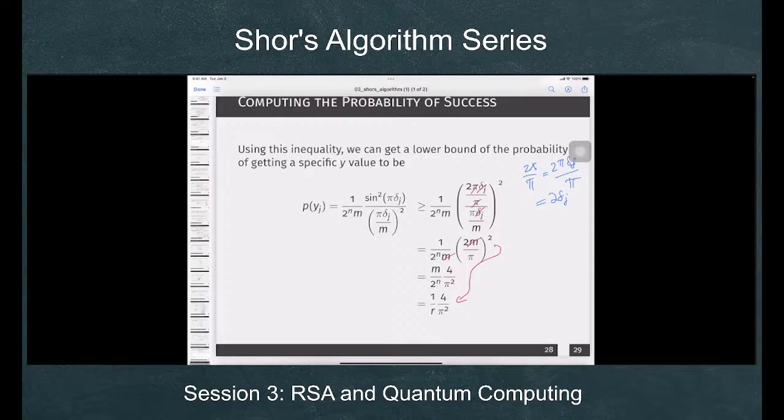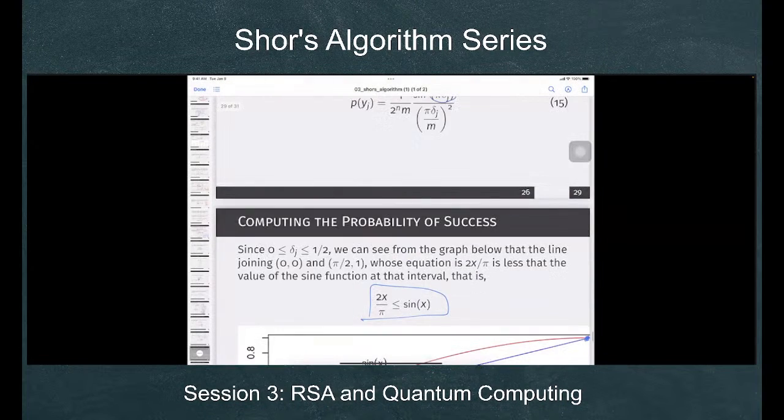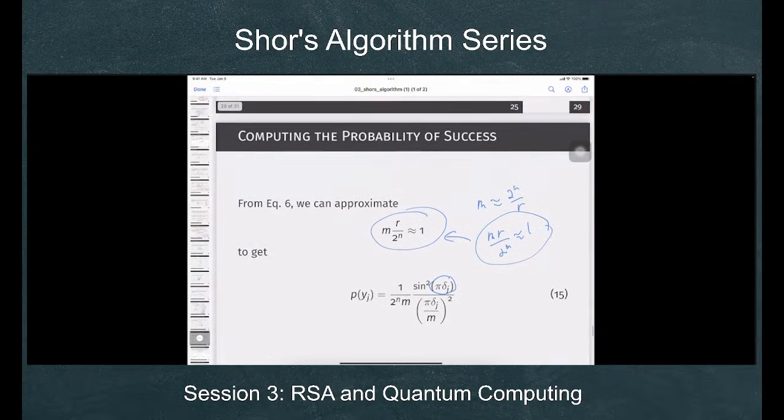So what is m over 2 to the n, no? m over 2 to the n is approximately equal to 1 over r, no?